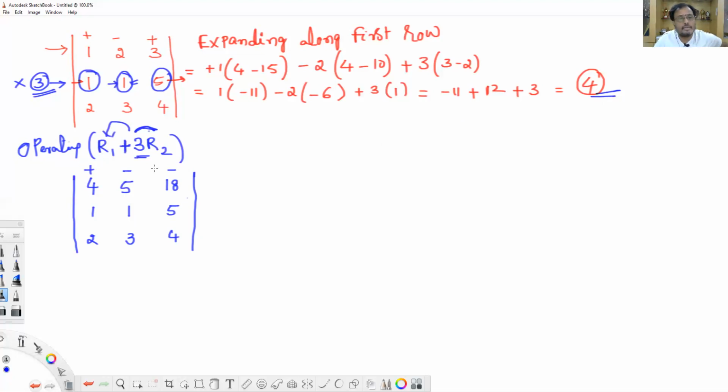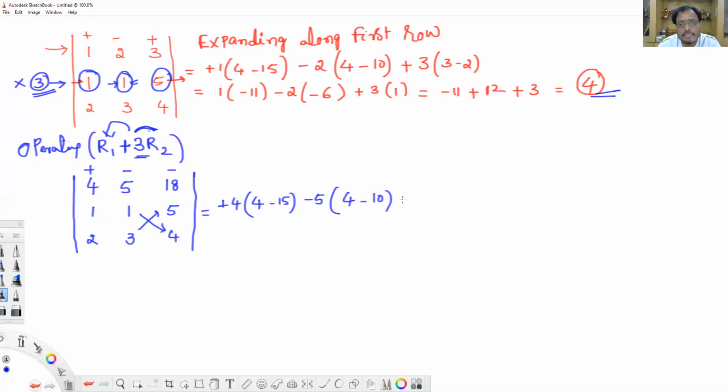After that, you expand it. Once again, first row, plus 4 into 4 minus 15, and next minus 5 into 4 minus 10.